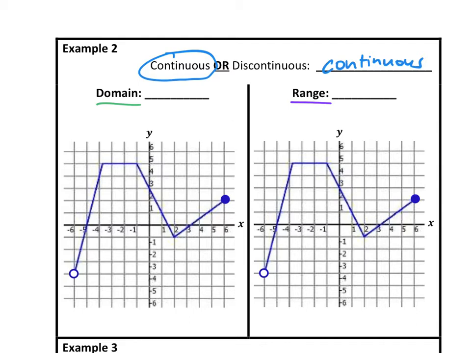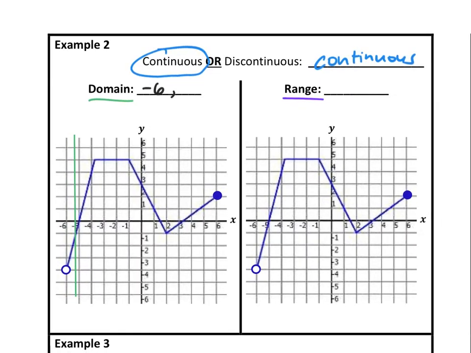Okay, then we're going to look at domain and range. So again, we can take out a spaghetti stick or a pencil, and we're going to roll this across the page. And so the starting point looks like a -6. And should I put a parentheses in front of the -6 or a bracket?